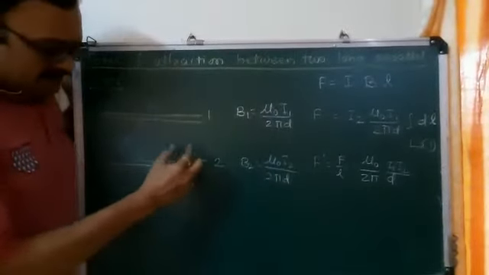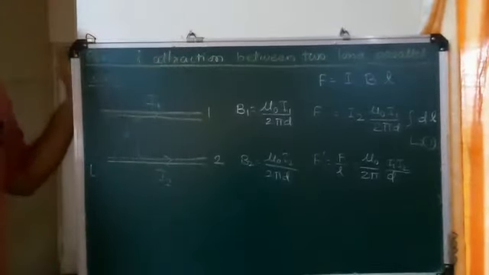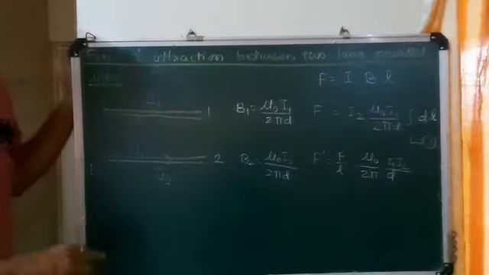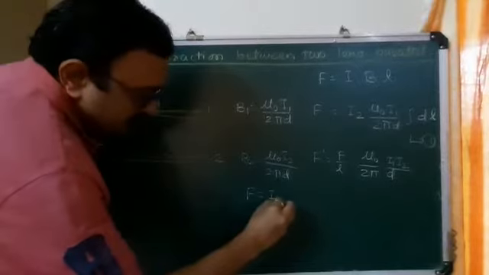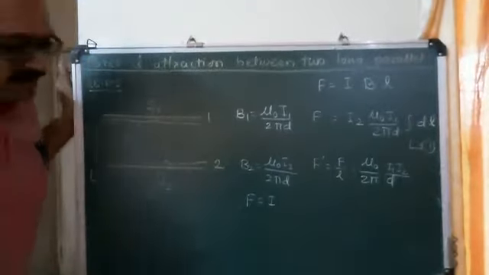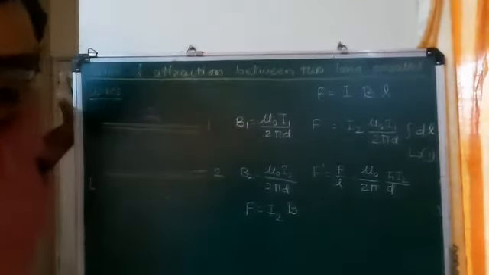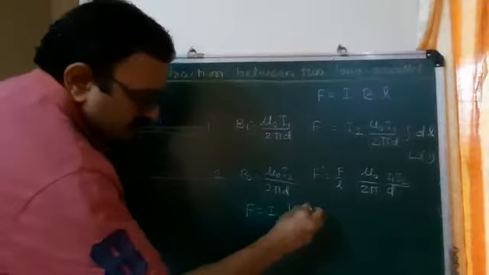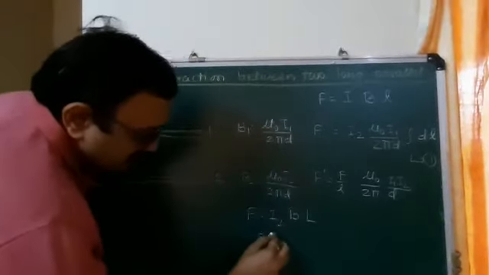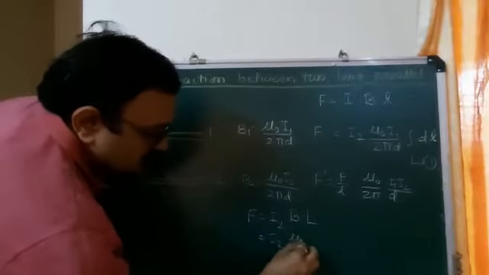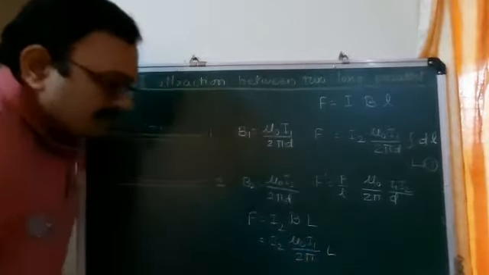Let's consider the second wire to be of length L. This force will be F = I, the current flowing through it, that is I2, times the magnetic field of induction B, times the length L. Then this equation is I2 B, where B is mu 0 I1 upon 2 pi into d.